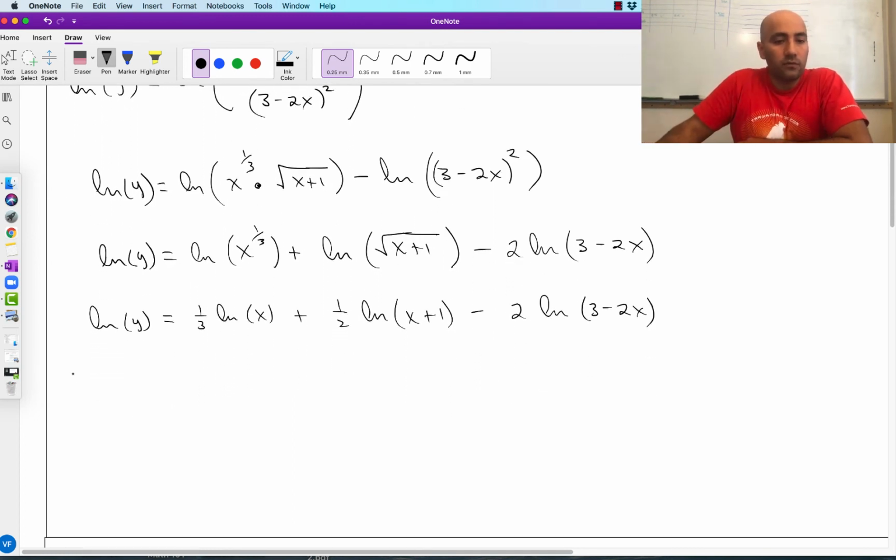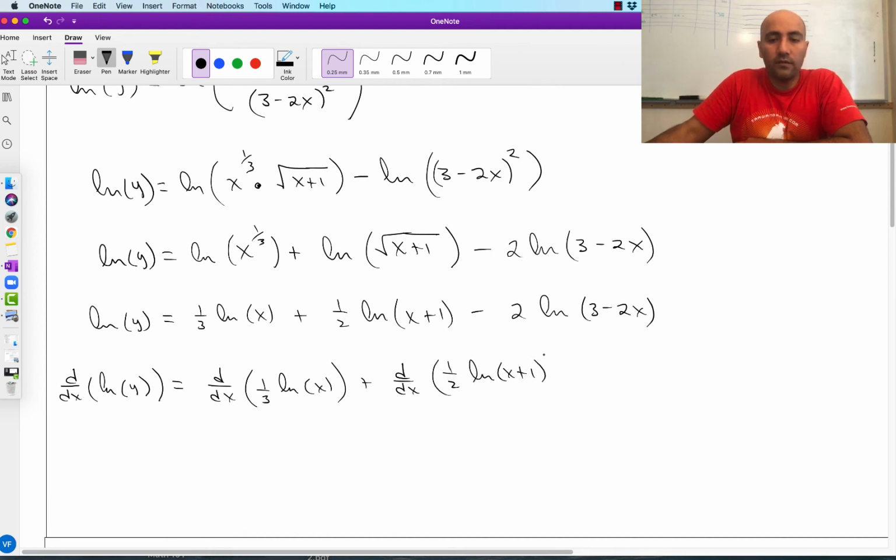The derivative with respect to x of ln y is equal to the derivative with respect to x of 1/3 ln of x, plus the derivative with respect to x of 1/2 ln of x plus 1, minus the derivative with respect to x of 2 ln of 3 minus 2x.